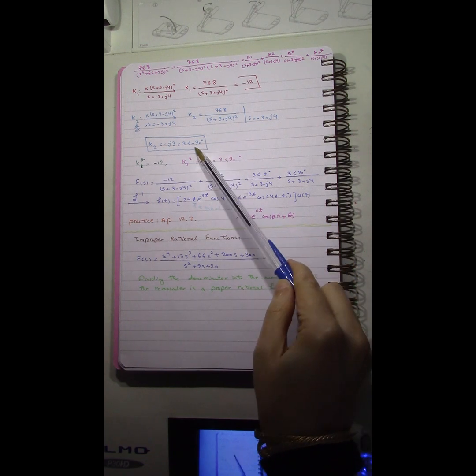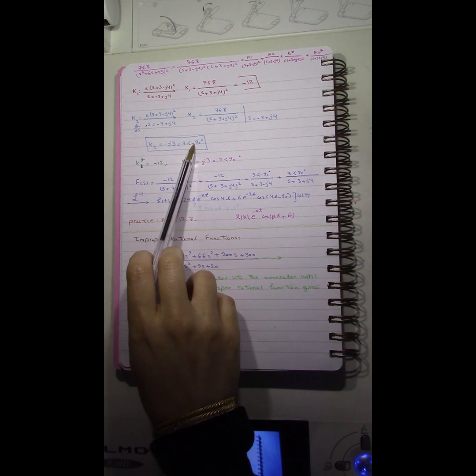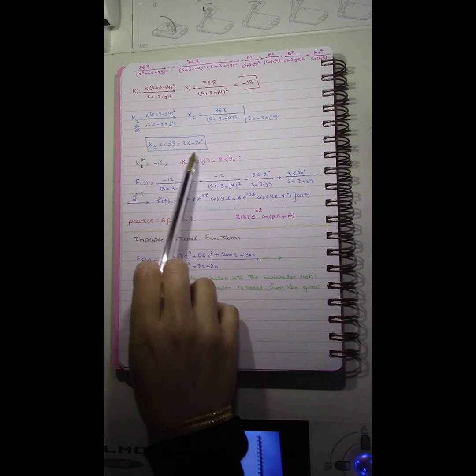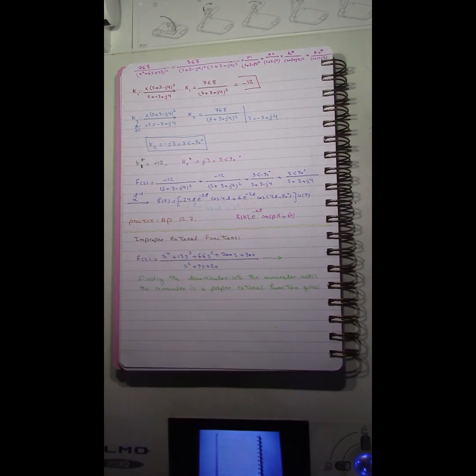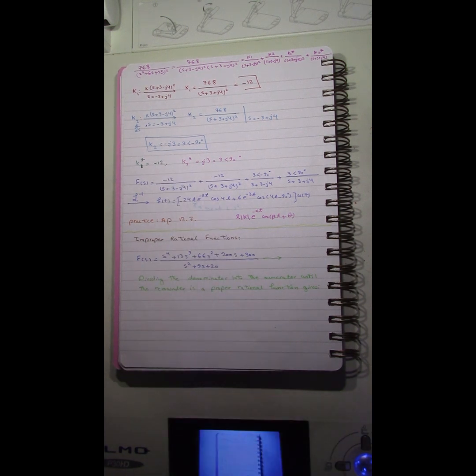Just change the sign of the imaginary part, or the angle. Because here we have 3 and the angle is minus 90 degrees, so the conjugate of K2 will be 3 with angle 90 degrees. The magnitude is the same, but the angle is 90 degrees. Clear? Minus j3 will be j3. If it is positive, make it negative, or if it is negative, make it positive.